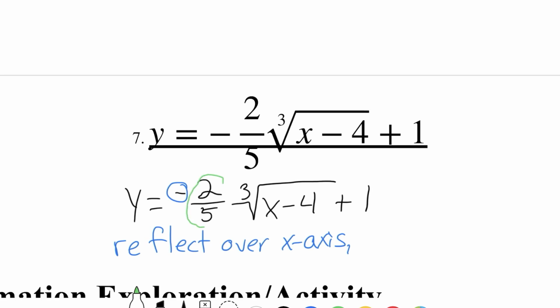Our 2 over 5 is less than 1, so we know that we're going to compress. Our -4 on the inside is telling us to go right 4. Again, remember, opposite of the sign.